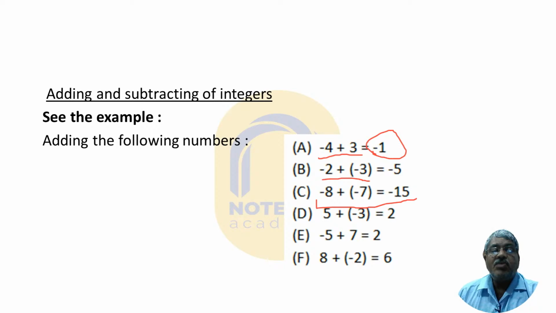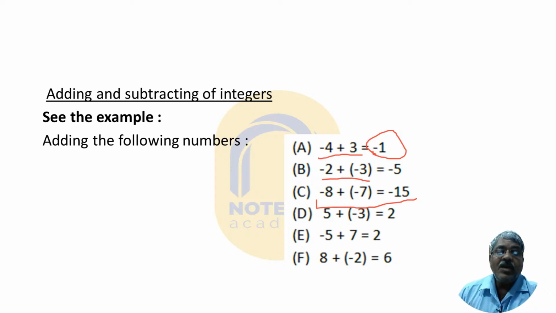Now minus 5 plus 3. So 5 is a positive number and minus 3 is a negative number. Subtract them and you will get 2. Similarly, minus 5 plus 7 is equal to 2.